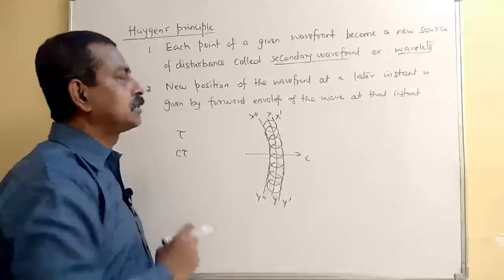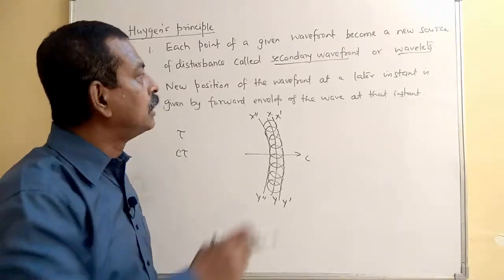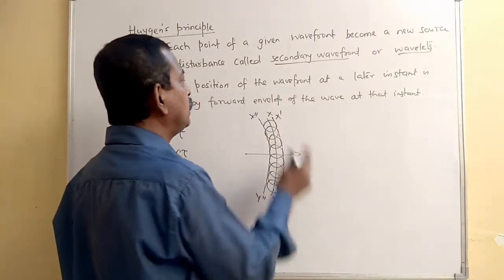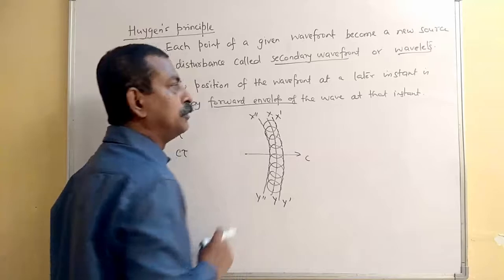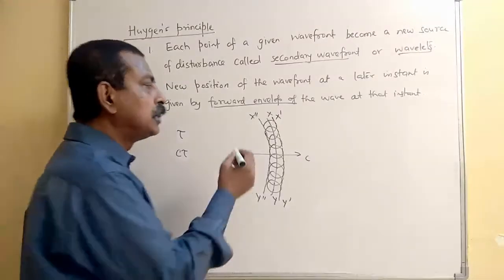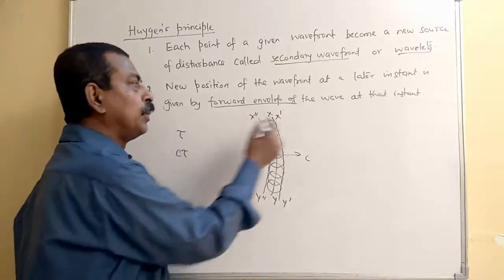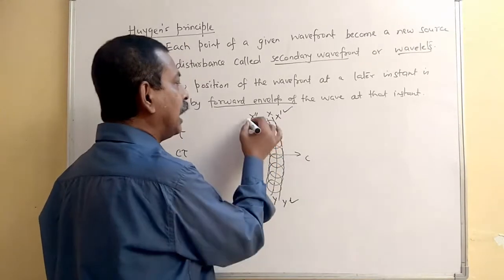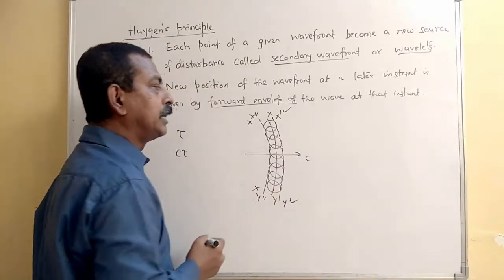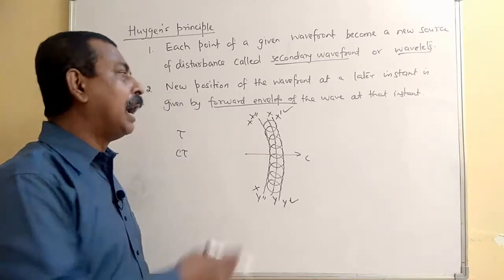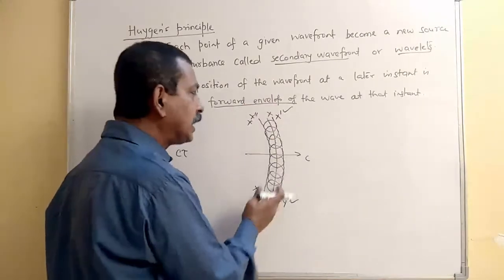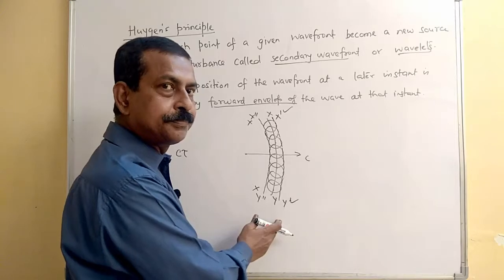As per the second law of Huygens, the new position is given by the forward envelope of the wave. That means the new position of the wavefront after instant tau will be X dash Y dash and not X double dash Y double dash. Again, you have X dash Y dash as the new wavefront.